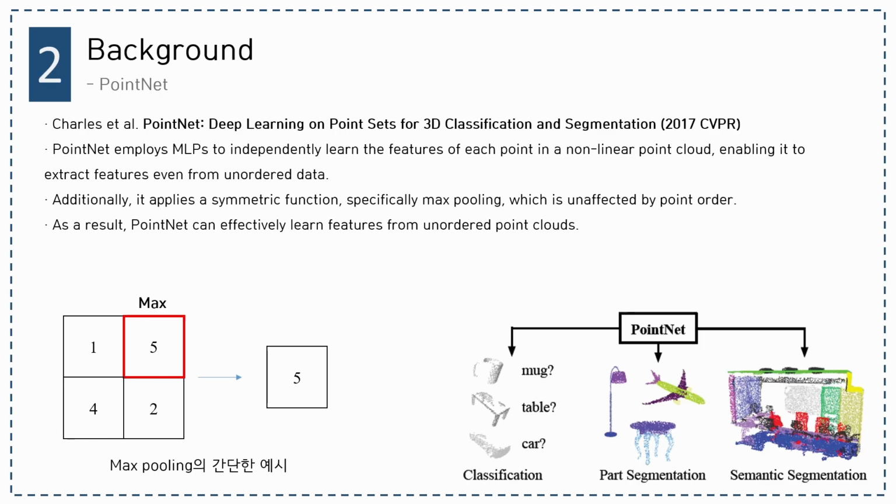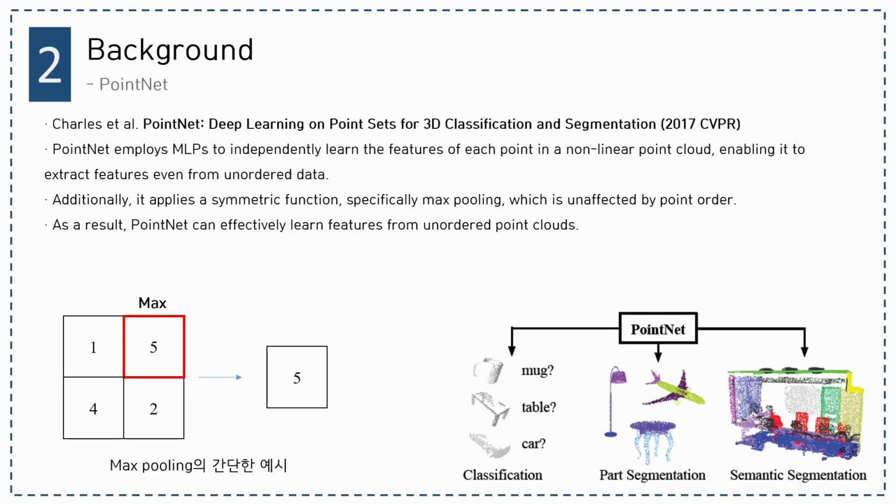PointNet extracts features from unordered data by learning each point individually using MLPs, which can handle point clouds because they learn independently of neighboring points, unlike CNNs.